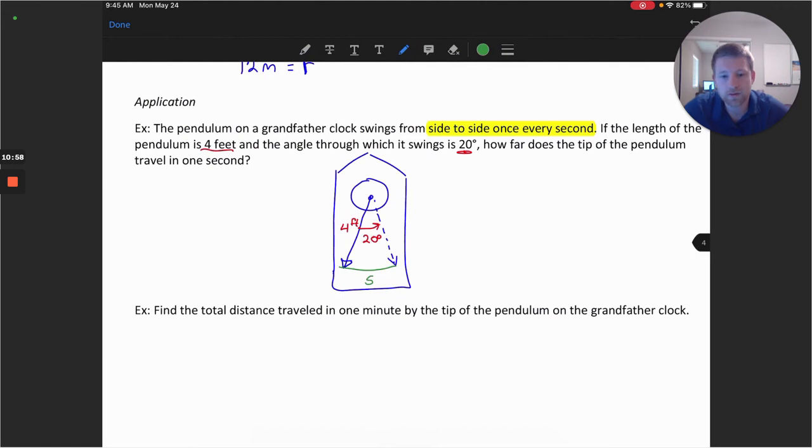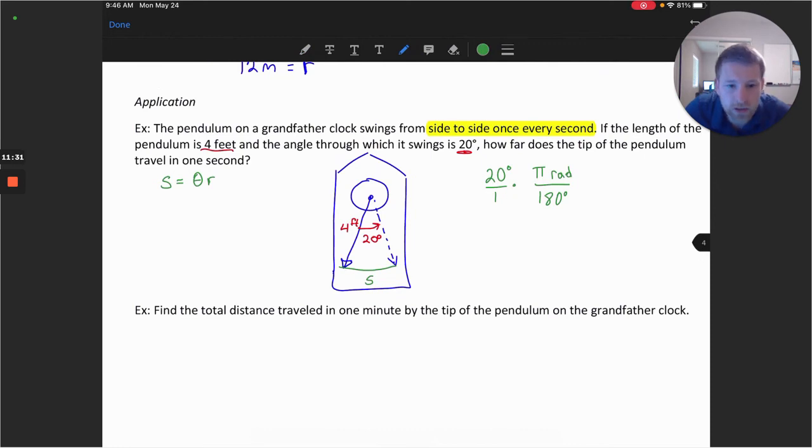And so let's consider what we're going to need to do. We know the arc length, again, is going to be my angle theta in radians times my radius. So we need to think about what the angle, 20 degrees, is in radians. So let's take 20 degrees here, and we want to convert this. We know pi radians over 180 degrees.